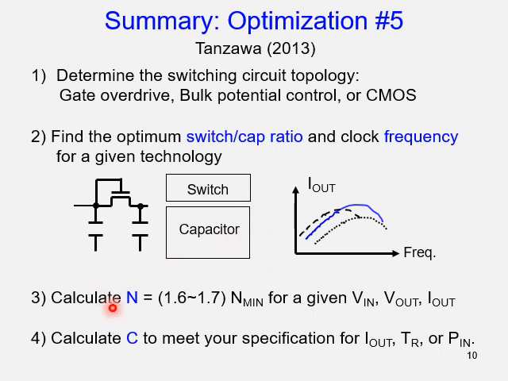Then you should calculate the optimum N with this, and finally you calculate C to meet your specification for higher output current, rise time, or input power.